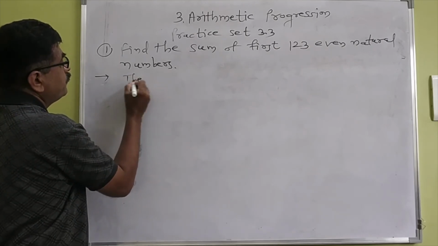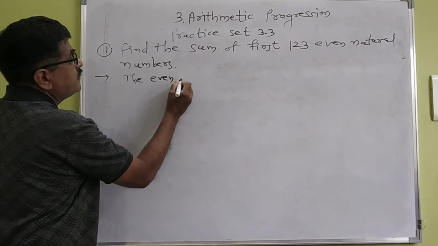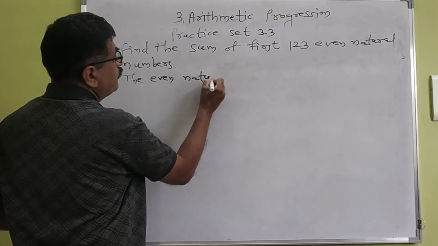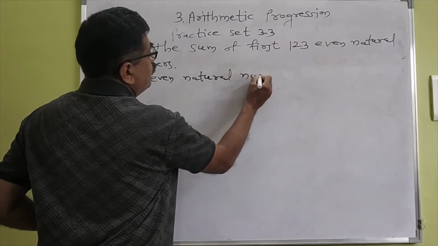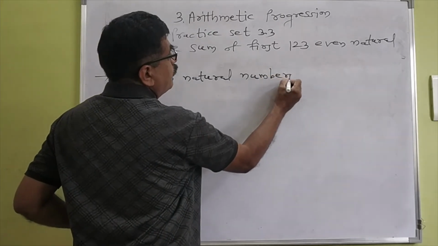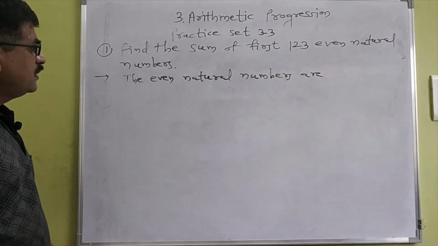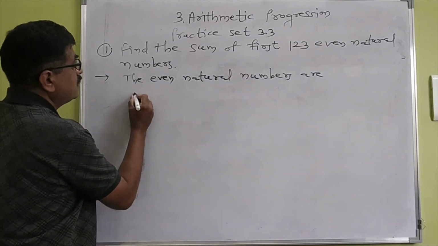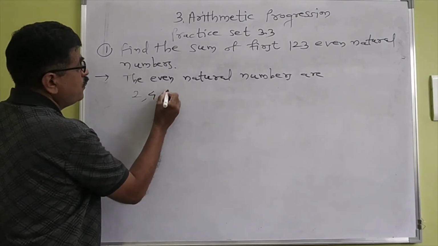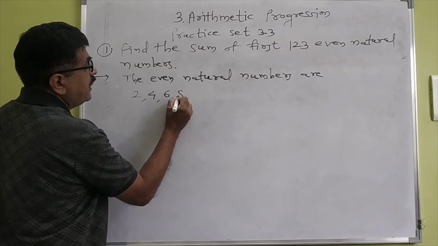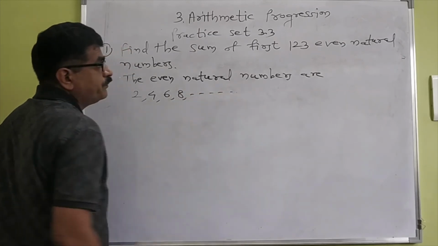The even natural numbers are first 2, second 4, 6, 8, and so on.